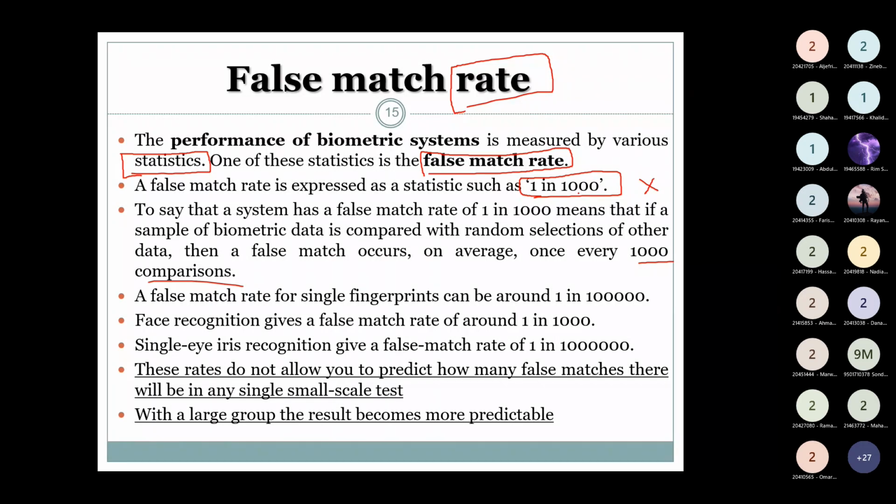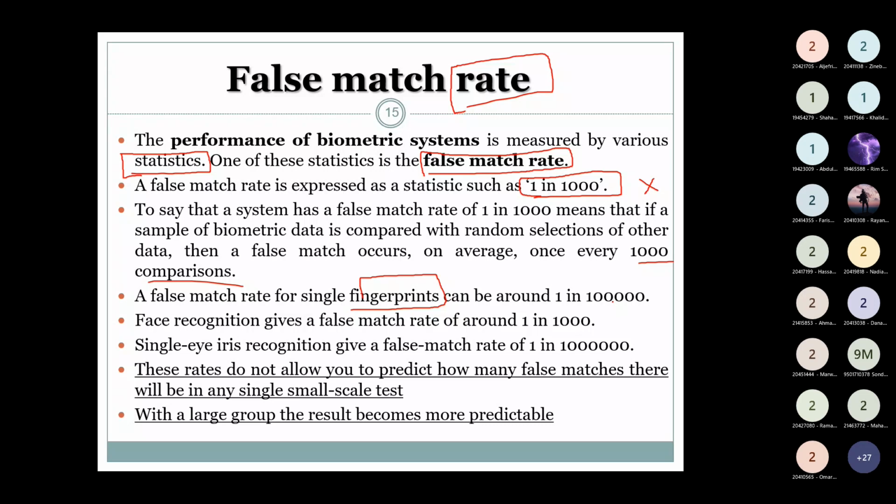Now look at fingerprints. A false match rate for single fingerprints can be around 1 in 100,000. So it is good. You will have one error every 100,000.